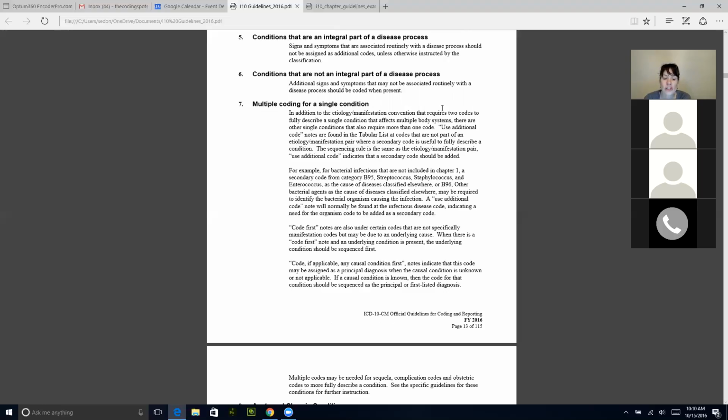And a use additional code note will normally be found at the infectious disease code, indicating a need for organism code to be added as a secondary code. And this is a very common scenario where you would see use additional code. When you have that infection and then you need to describe what the infection is, that would be a use additional code. And as we get into the actual chapter-specific coding guidelines, we have coding examples. We'll look them up as we go along.